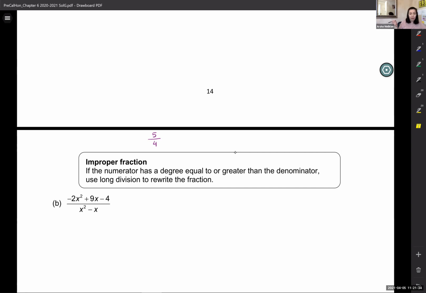Or when the numerator is equal to the denominator. So numerator and denominator are equal or the numerator is bigger. So these are both improper fractions, or when you have something like this, where they have the same degree.